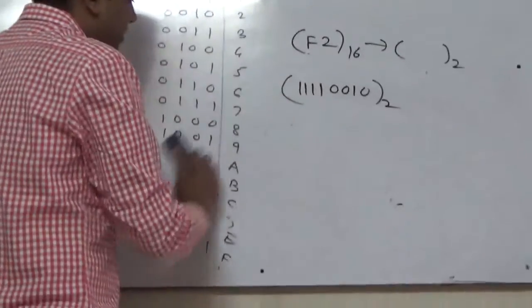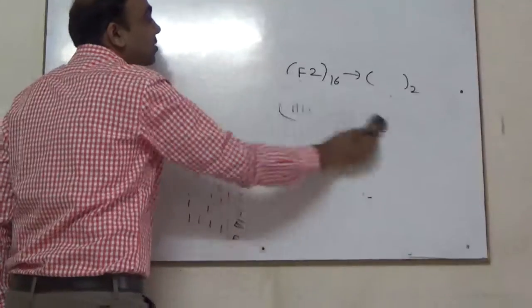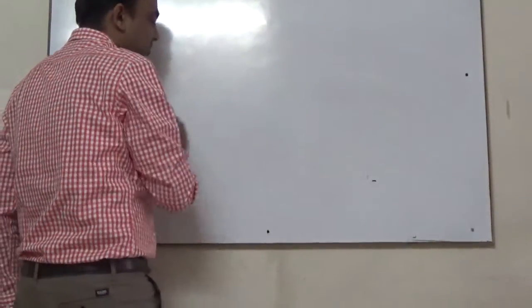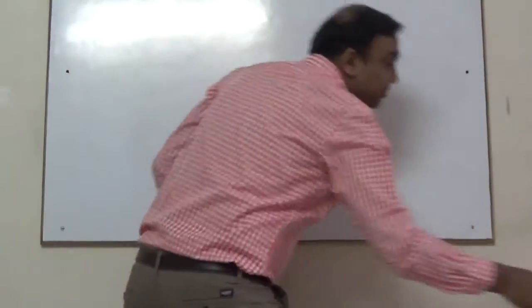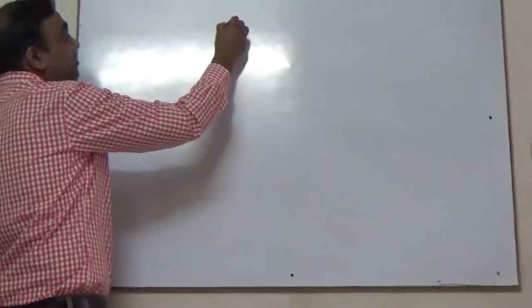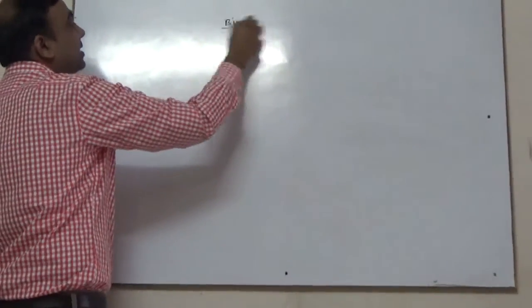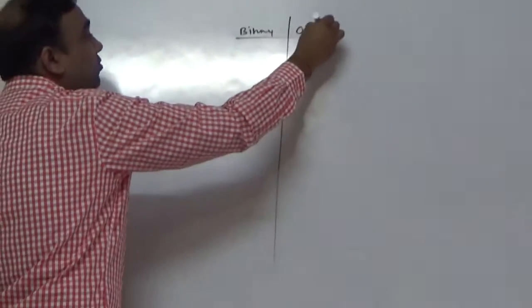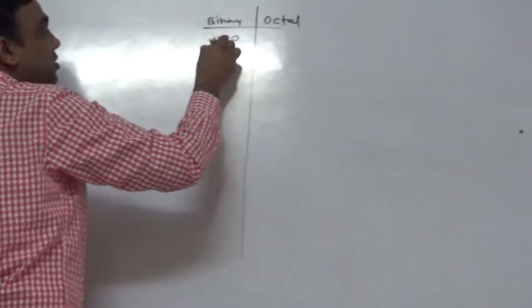Okay. Now at the end we discuss how to convert between octal and hexa, and octal to binary and binary to octal. For that we have to again write a table of binary and corresponding octal. This time a group of 3 bits. So we will start from 000.